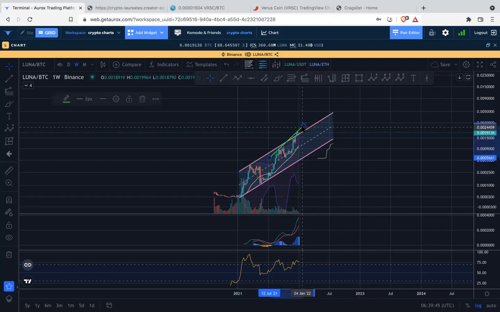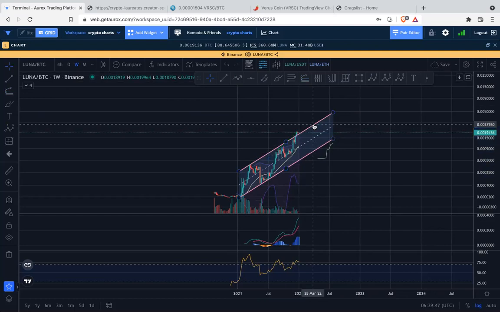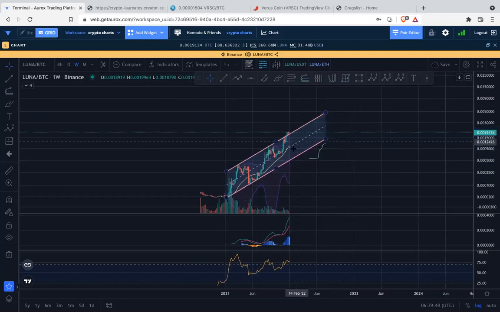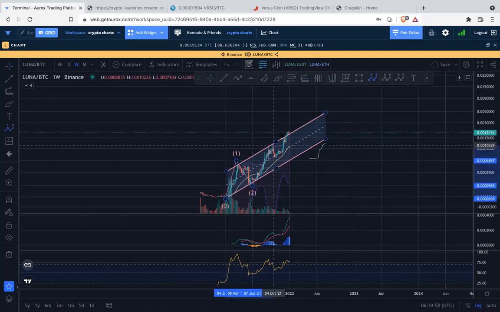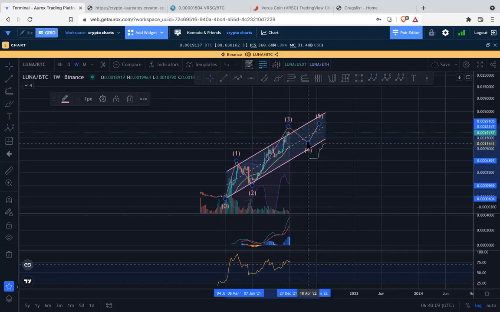Okay, that's it for me. The other possibility is that, on a daily time frame, we see what it actually looks like, and in fact, we are seeing the 3 completing here, and we're moving into a 4 sooner than later. So we'll see.